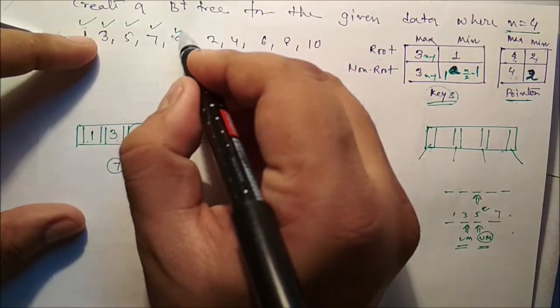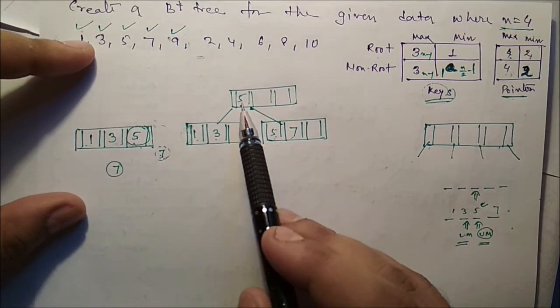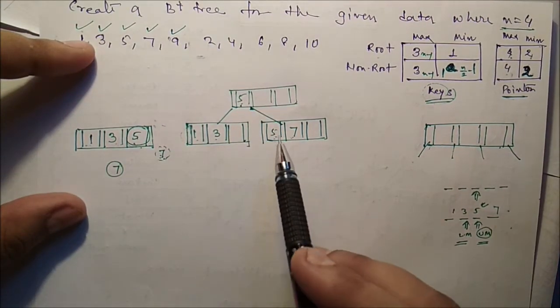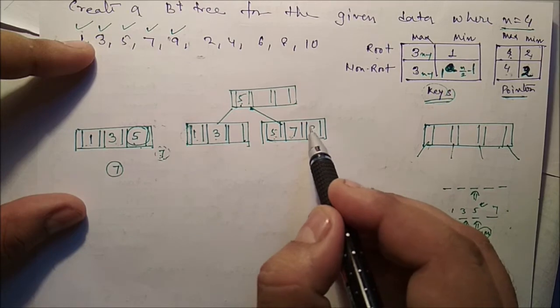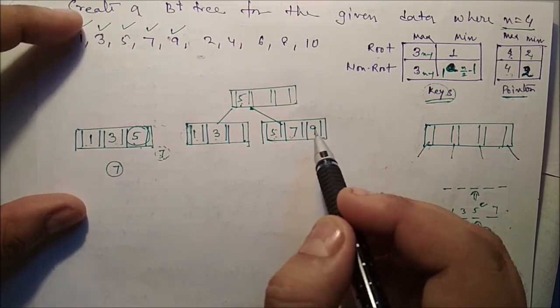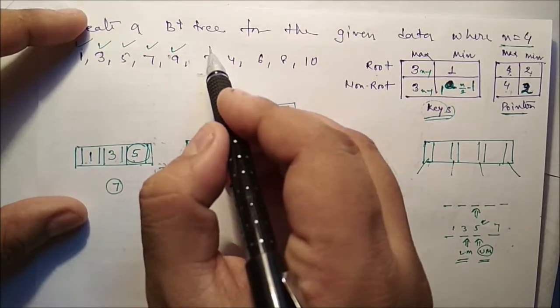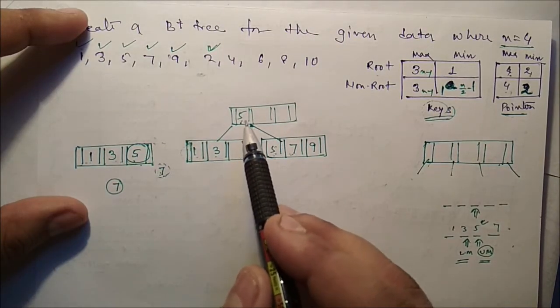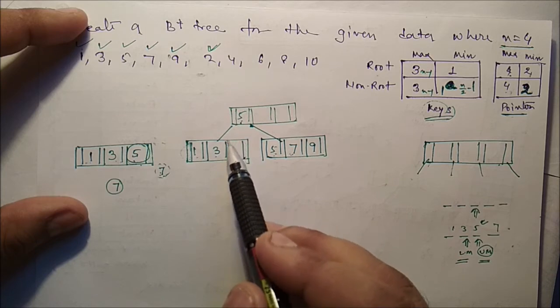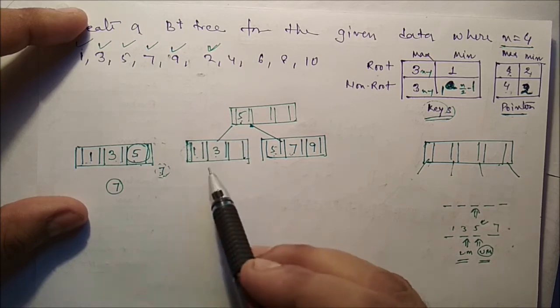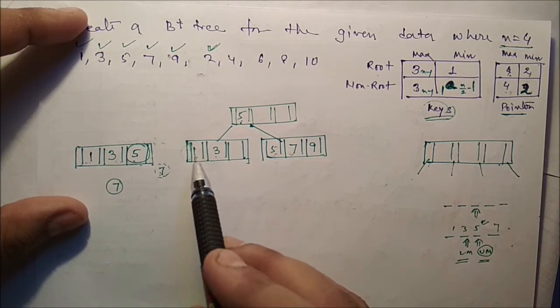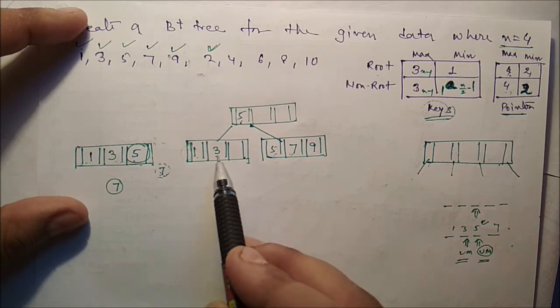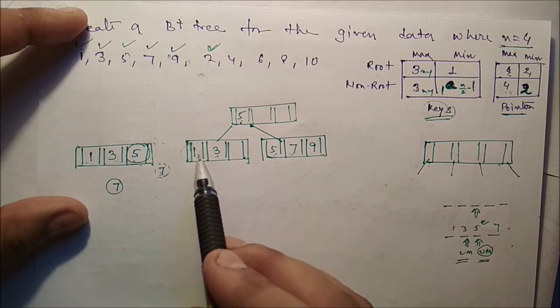Next is 9. 9 is greater than 5, that means it should be in the right part of this. 5 7 9, here we can put 9, that means one space is vacant here. Next is 2. Now 2 is less than 5, so 2 must be present in this particular node, and it should be greater than 1 but less than 3. So 2 must be in between 1 and 3.